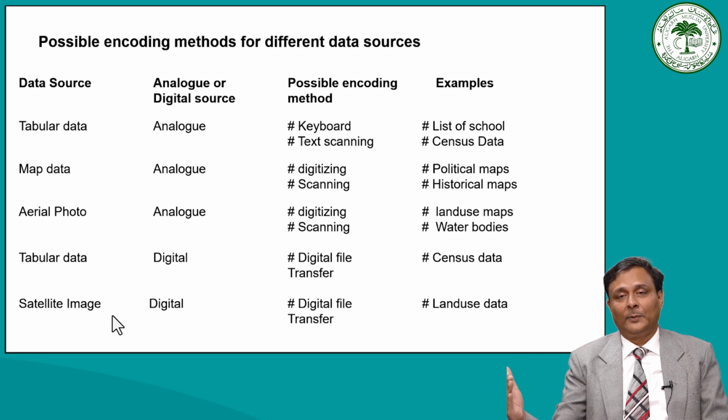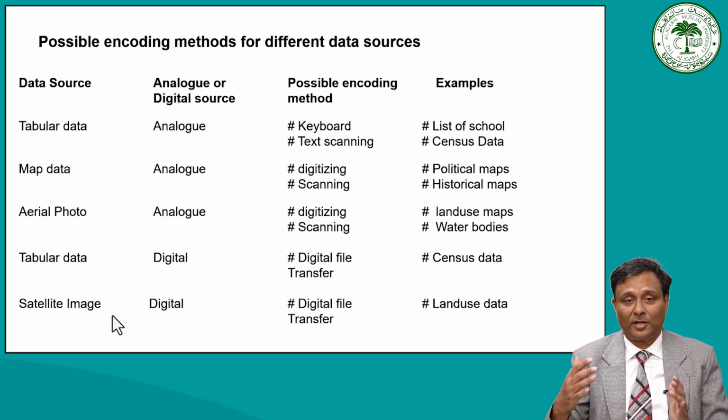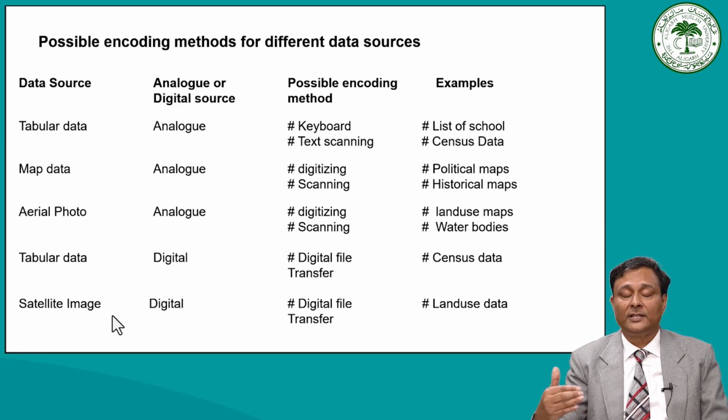So from the source, we can digitally transfer also to our spatial information, because our spatial information is also in digital format. The aerial photograph is in analog form, so there you need to digitize or scan it. Whereas satellite images which are in digital format, we can incorporate directly through digital file transfer. The same is with the tabular data which comes in digital format.